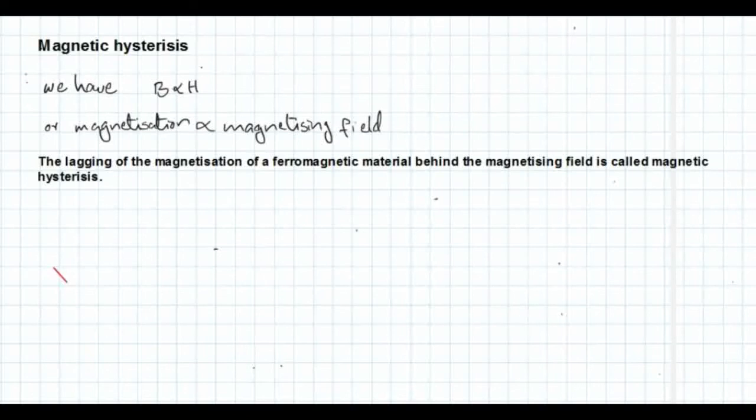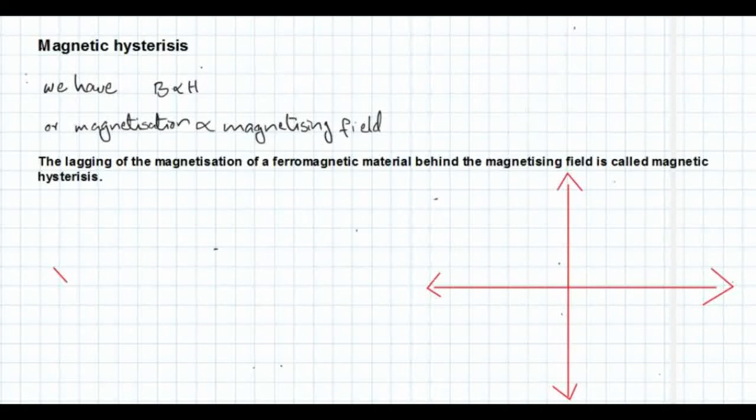But practically it is found that even if we increase the magnetizing field, the magnetization of the material may not be increasing at the same rate. So this lagging of magnetization of a ferromagnetic material behind the magnetizing field is called magnetic hysteresis.